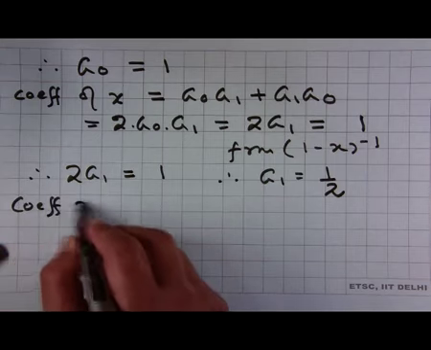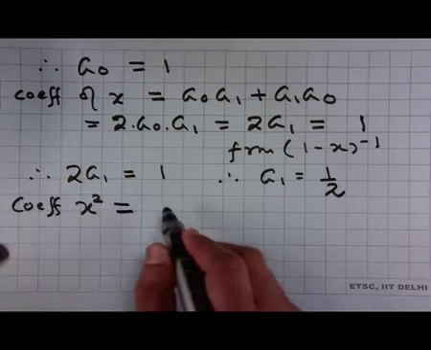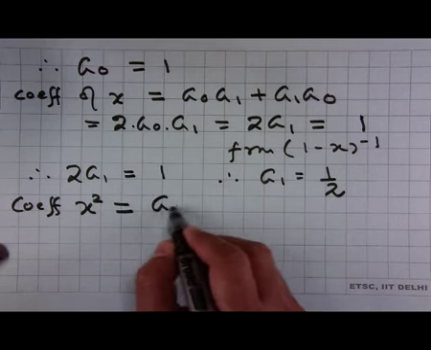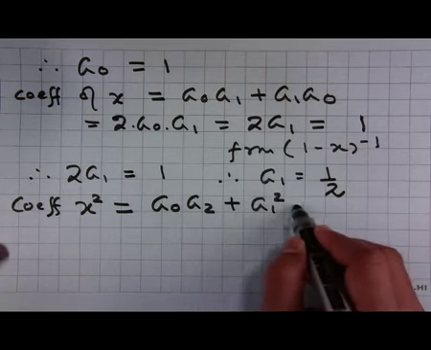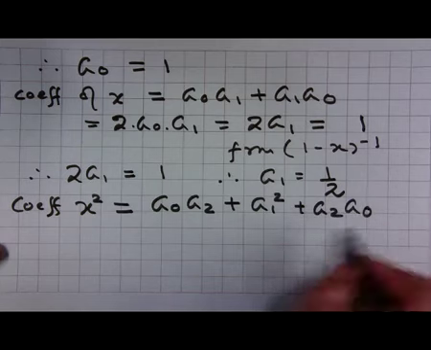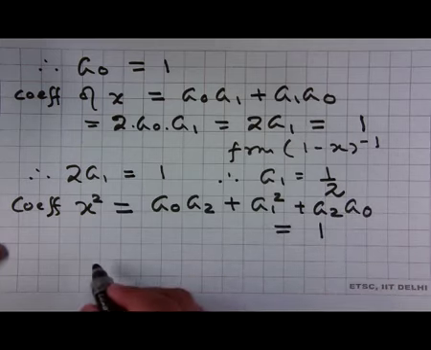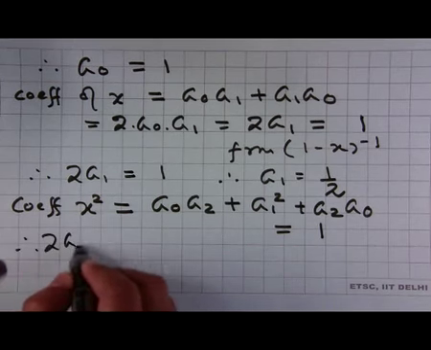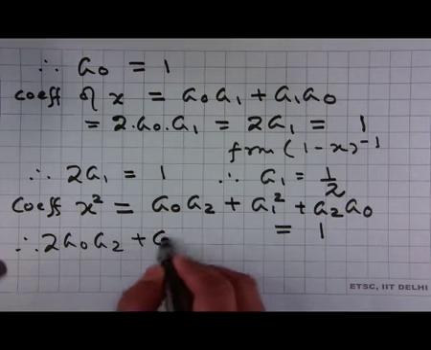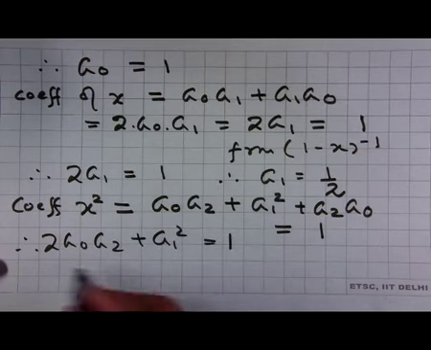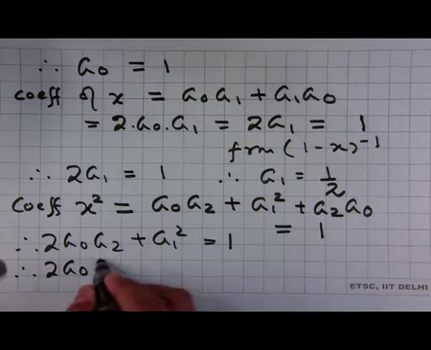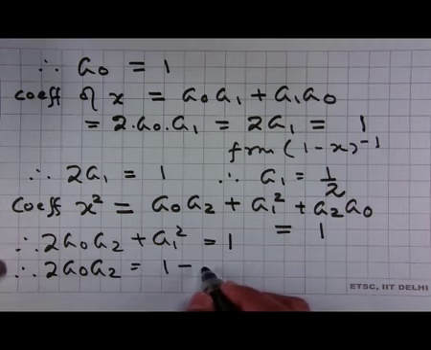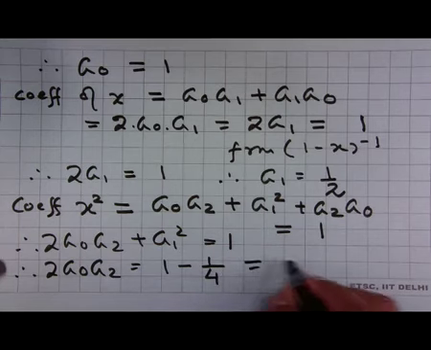Coefficient of x square is equal to a0 into a2 plus a1 square plus a2 into a0, which is equal to 1. Therefore, 2 a0 a2 plus a1 square is equal to 1. Therefore, 2 a0 a2 is equal to 1 minus 1 by 4, which is equal to 3 by 4.